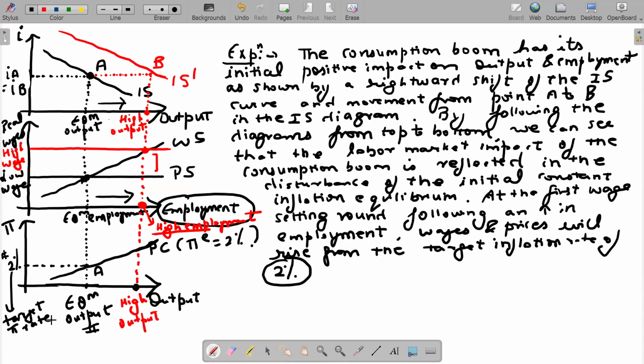Okay, so you can clearly see that as illustrated in the wage setting and price setting diagram, I can just write WSPS.